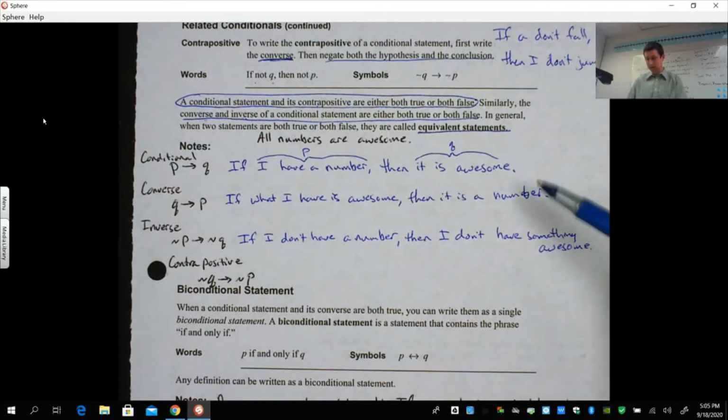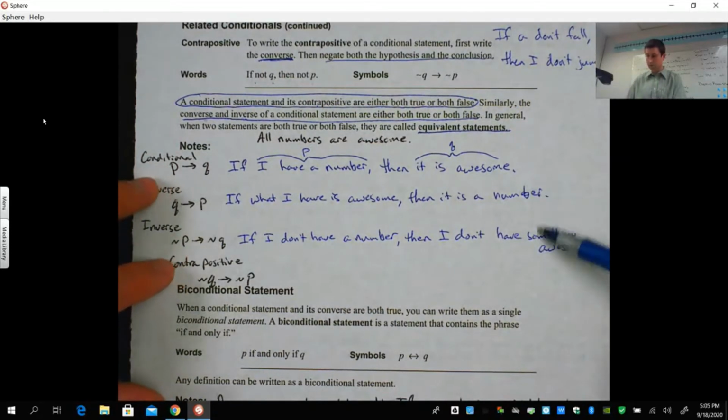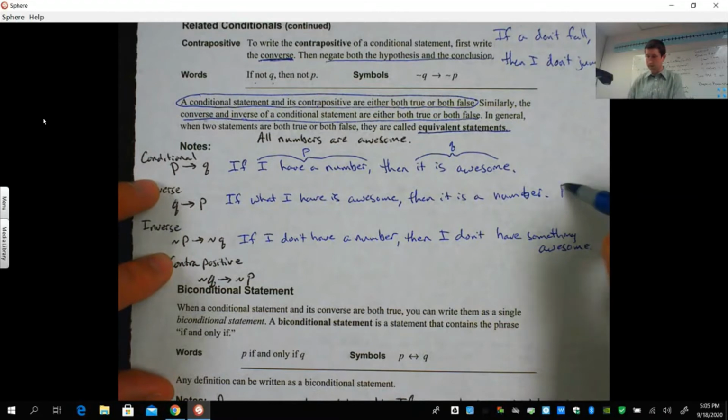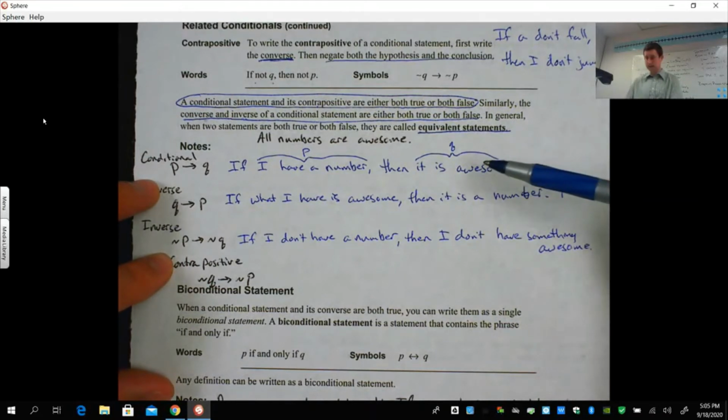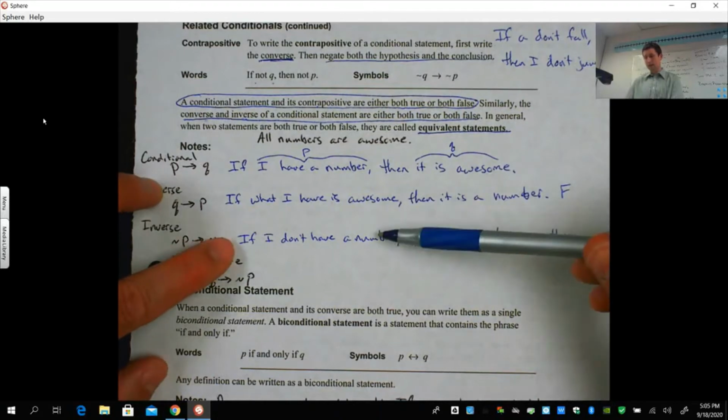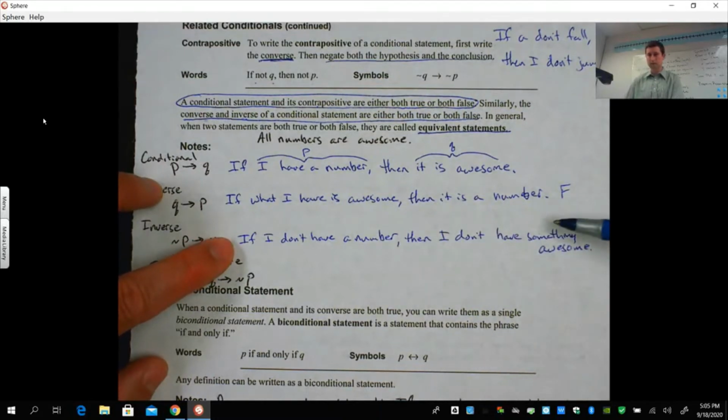Again, converse and inverse, those are always both true and both false. So we already said this one could be false, should be false, because we have other things that are awesome besides numbers. This says if I don't have a number, then I don't have something awesome. Well, you can still have something awesome even though it's not a number.